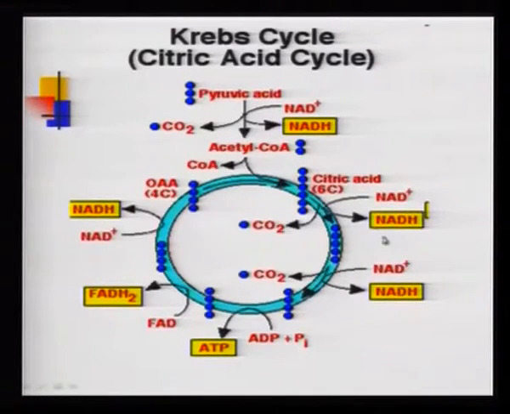It is 1, 2, 3 and 4 NADs reduced and 1 FAD reduced per pyruvic acid. Therefore, there will be 8 NADH and 2 FADH2 produced per glucose molecule, and also 2 ATPs per Krebs cycle for 1 glucose molecule.